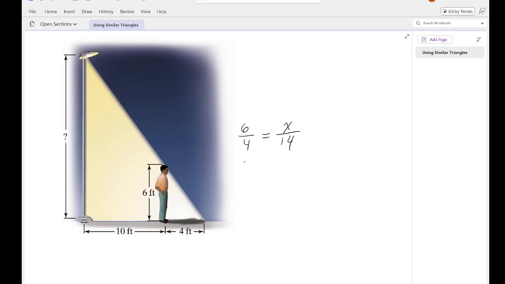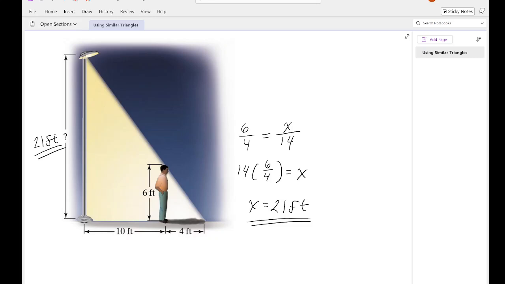I'm going to multiply the 14 over. 14 times 6 over 4 is going to give me x. And then just do the arithmetic. X is going to equal, doing all that in a calculator, 21 feet. Again, use the unit measurement that's given to us. So the height of this light pole is 21 feet tall.